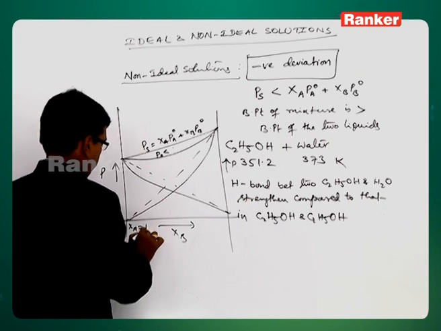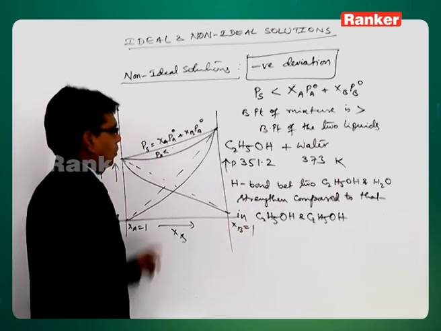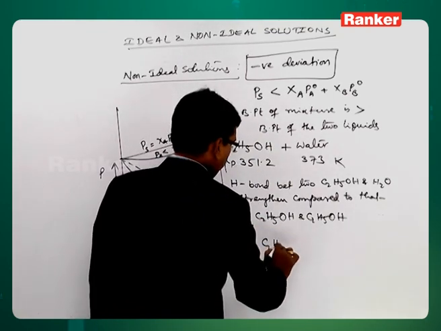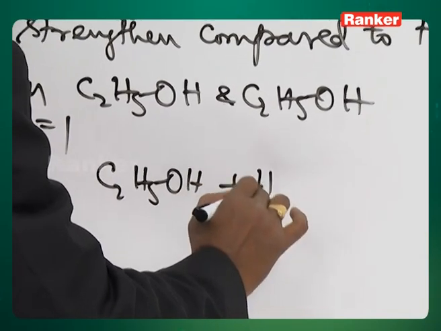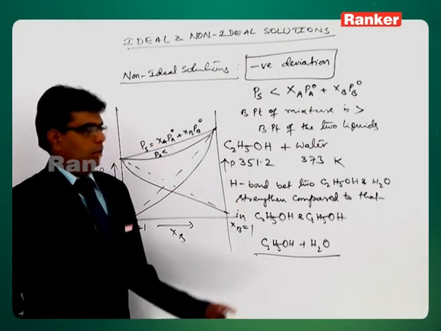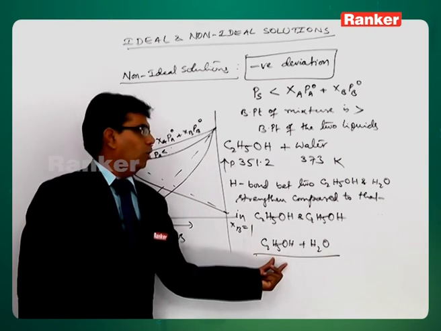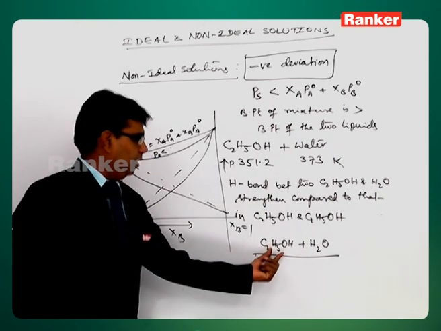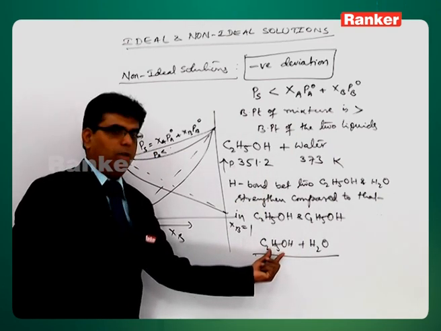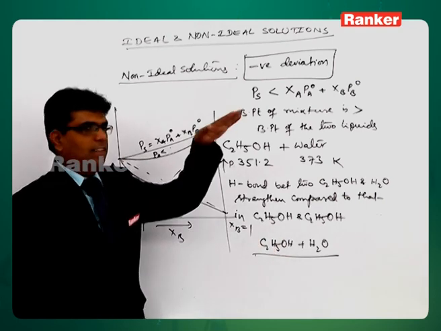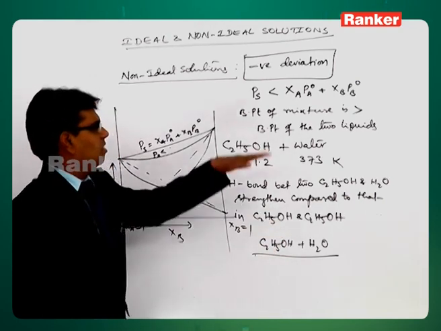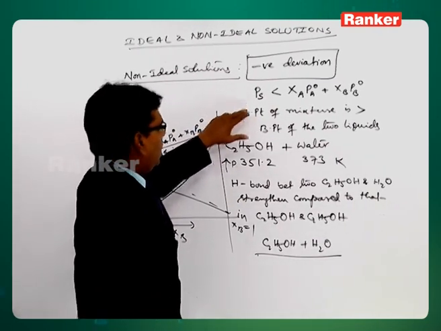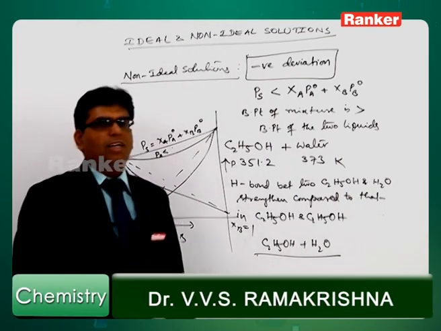So, the graph will be like this. Here, as I mentioned, in ethyl alcohol and water kind of systems the hydrogen bond between two ethyl alcohol molecules is weaker than the hydrogen bond between ethyl alcohol and water. So, it will strengthen, as a result the escaping tendency decreases, the vapor pressure decreases and the boiling point will be more. So, this kind of mixtures show negative deviation.